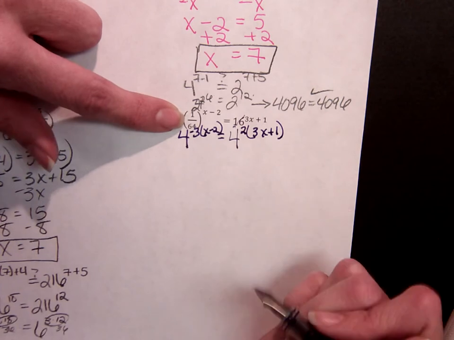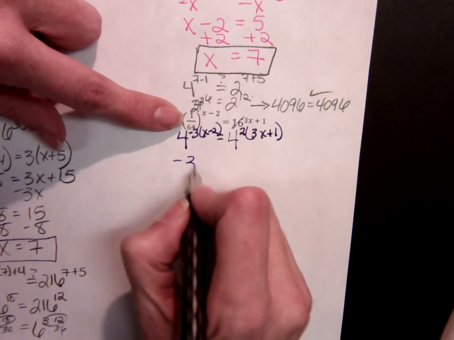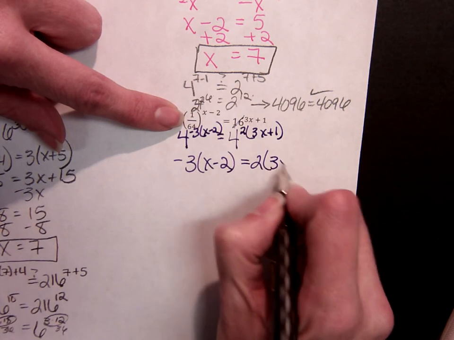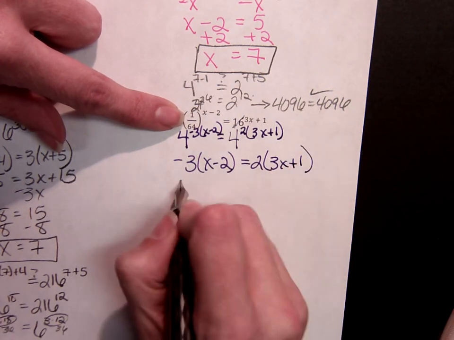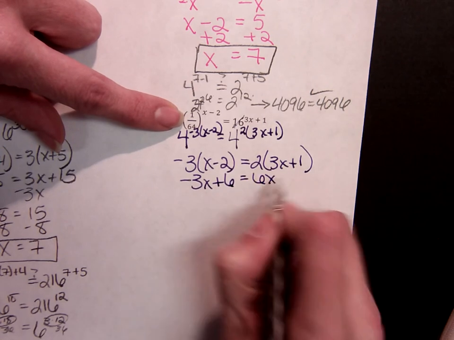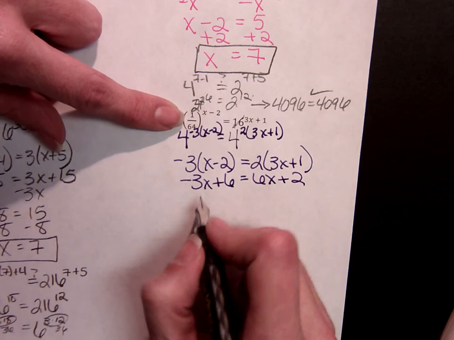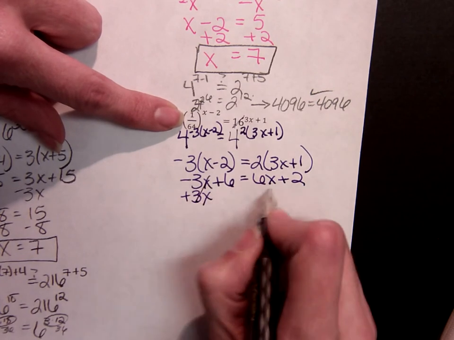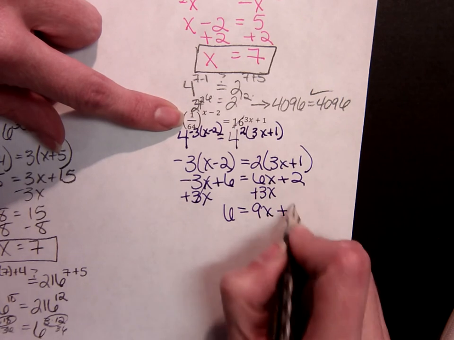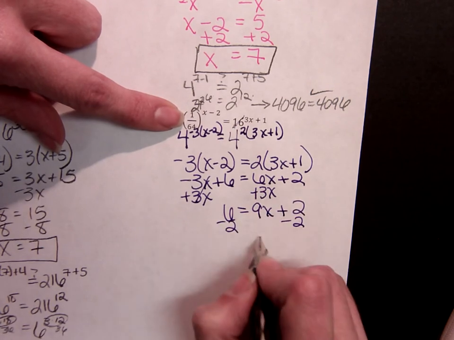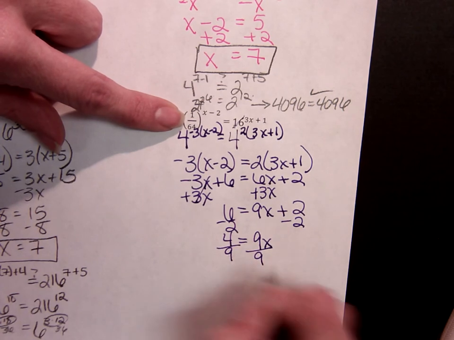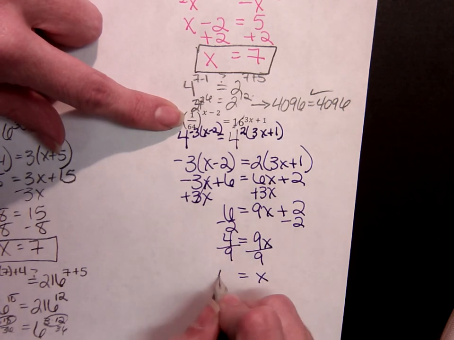And solve. Negative 3 times x minus 2 equals 2 times 3x plus 1. Negative 3x plus 6 equals 6x plus 2. Add the 3x. 6 equals 9x plus 2. 9x equals 4. Divide by 9. And we get x equals 4/9.